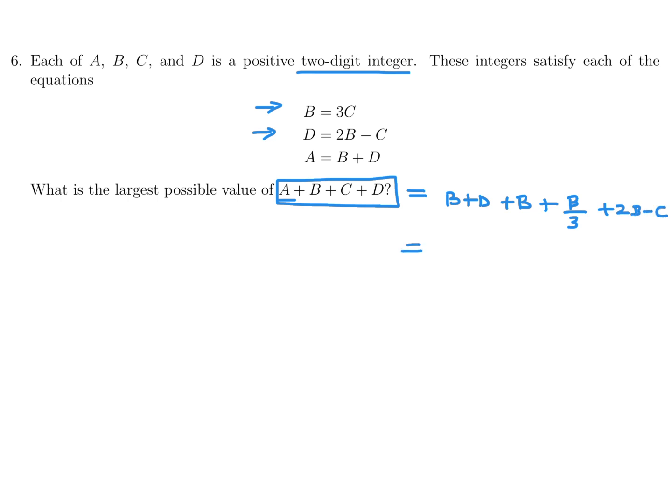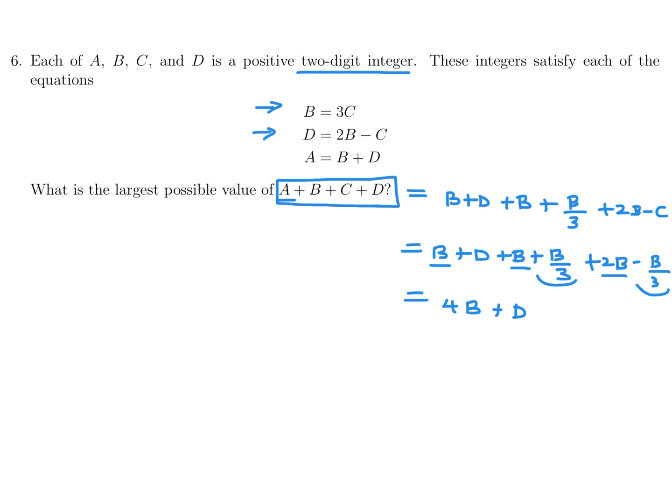Okay, let's combine these. b plus d plus b over 3 plus 2b minus c, which is b over 3. Okay, that's good. So then this cancels with that. So this could be 1, 2, 3, 4, 4b plus d. Okay, well, I got 2 variables.